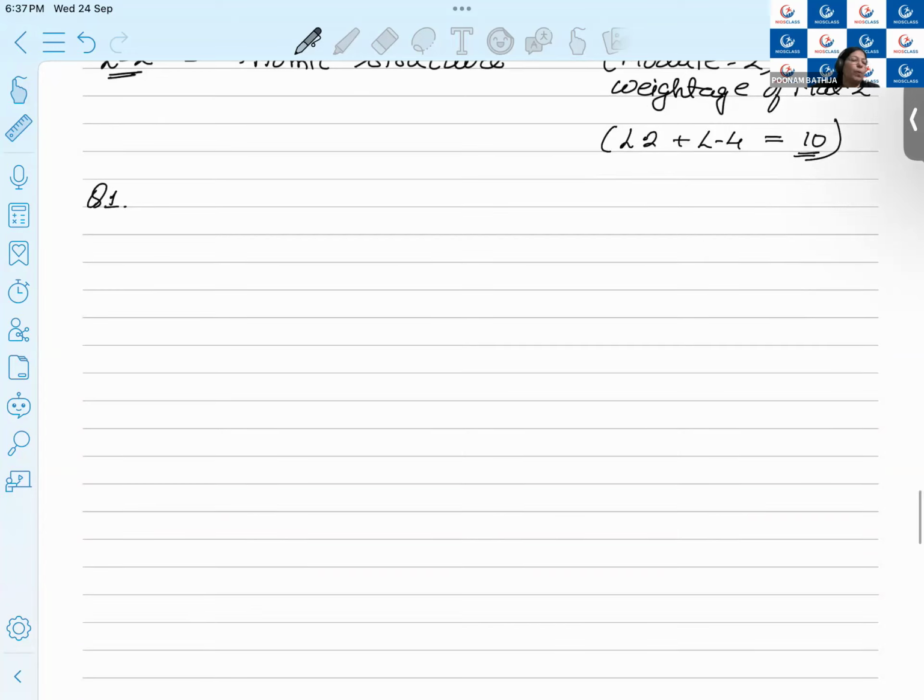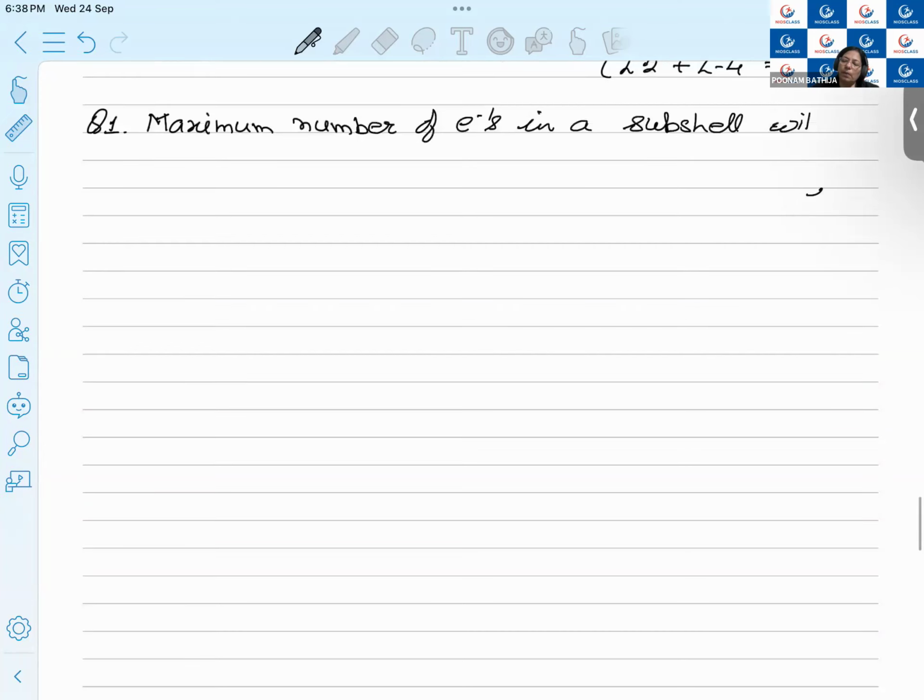Okay, question number 1, maximum number of electrons in a subshell with L equals to 3 and N equals to 4 is.